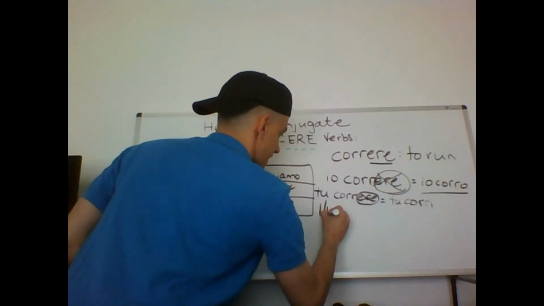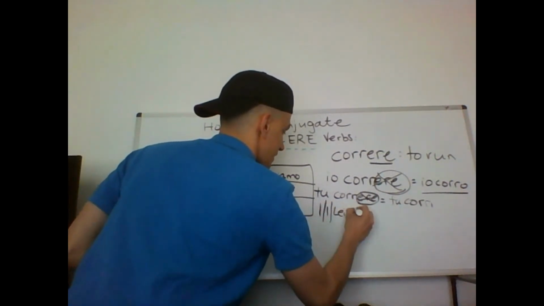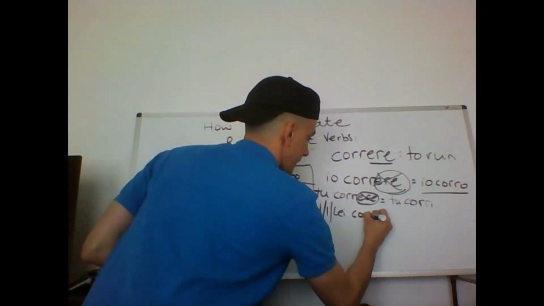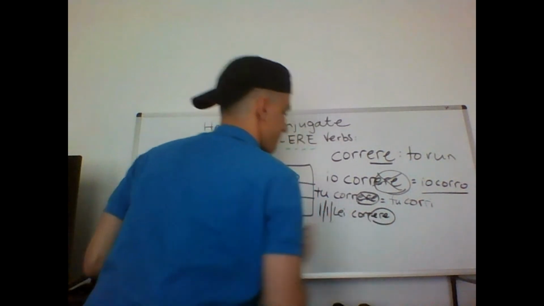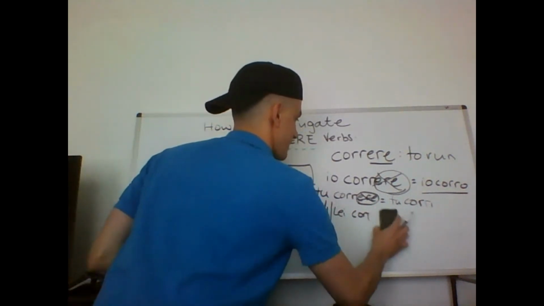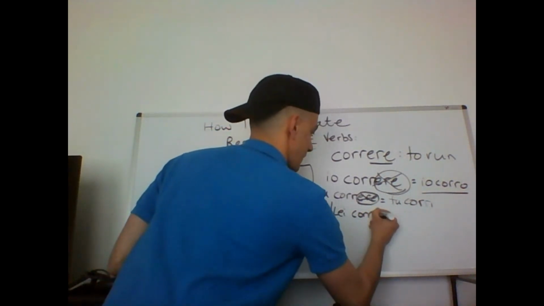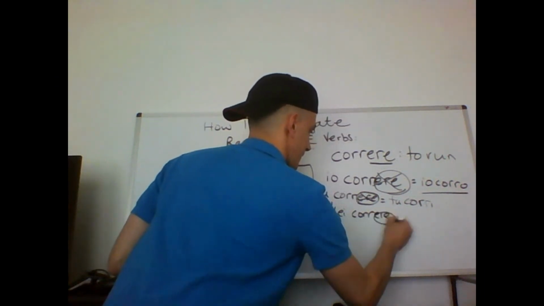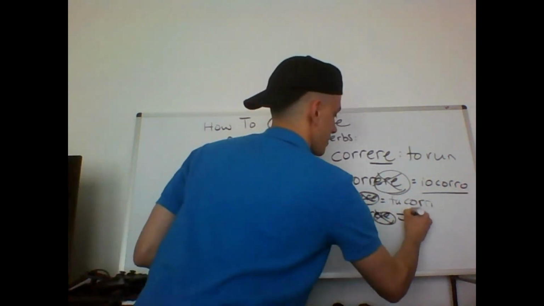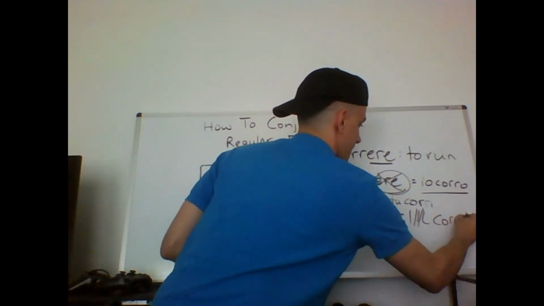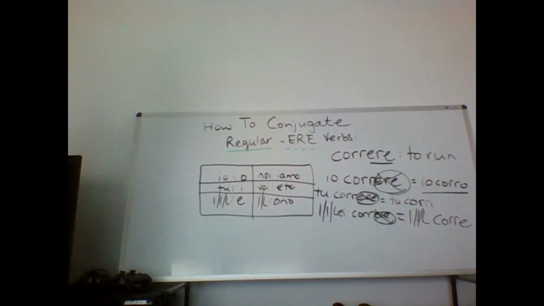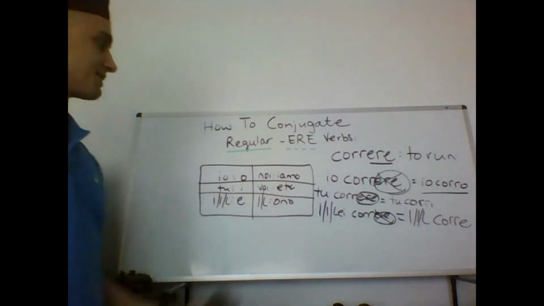Now we're going to do lui, lei. Got the ERE. Want to get rid of it. Chop that off. Lui, lei, corre. Corre. He, she, you polite runs.